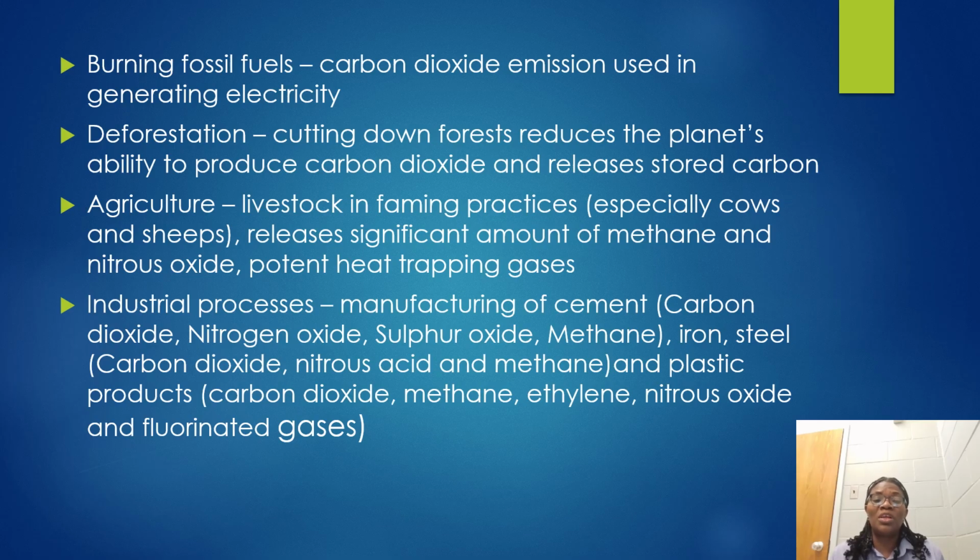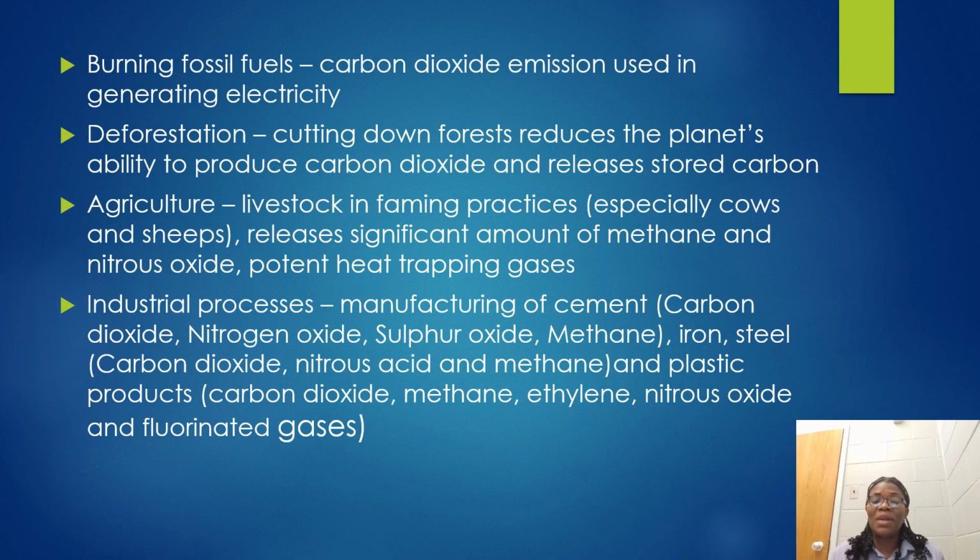Thereby causing global warming. Then we have certain industrial processes that can cause global warming, an increase in the emission of these gases. In the manufacturing of cement, that is, companies where cement is being manufactured, you have greenhouse gases like nitrogen oxide, carbon dioxide, sulfur oxide, and methane being released. In iron and steel companies, you have carbon oxide, nitrous oxide, and methane being released.